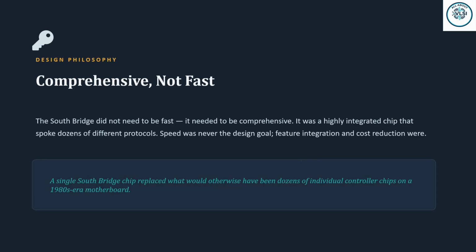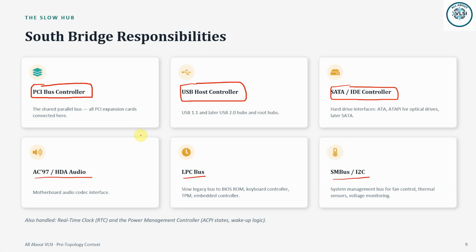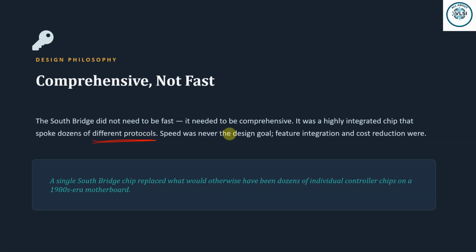Now, the South Bridge did not need to be fast, it needed to be comprehensive, and it is a highly integrated chip that implements many different kinds of protocols. You can see over here so many different protocols are implemented in the South Bridge. Speed was never the design goal; feature integration and cost reduction were.